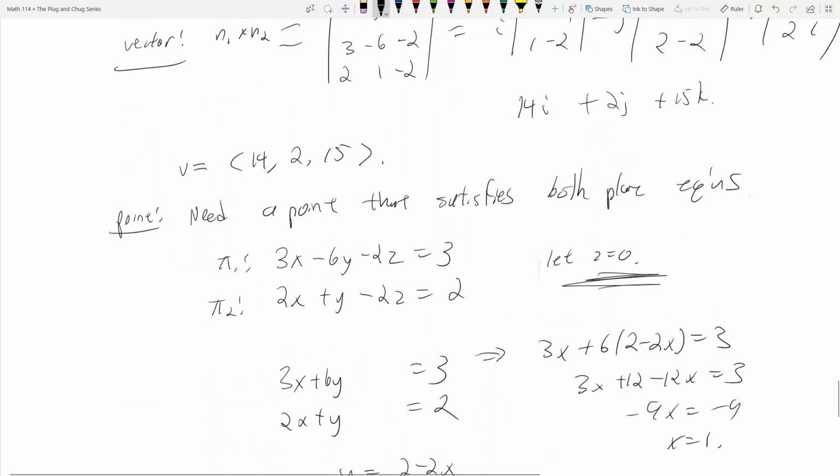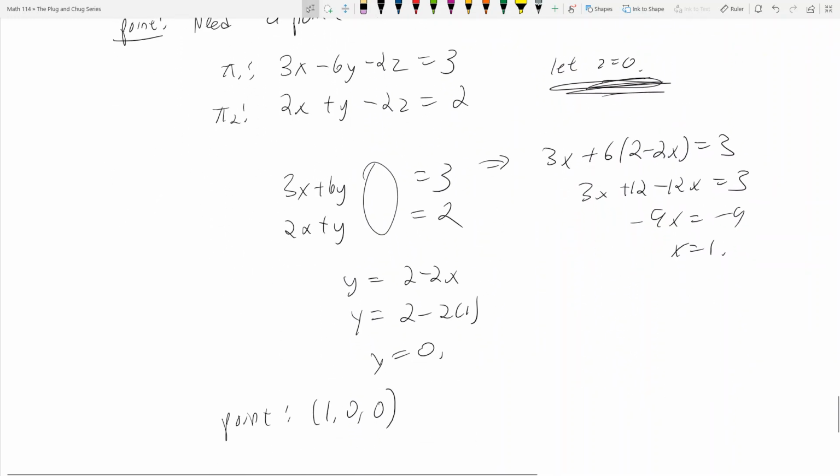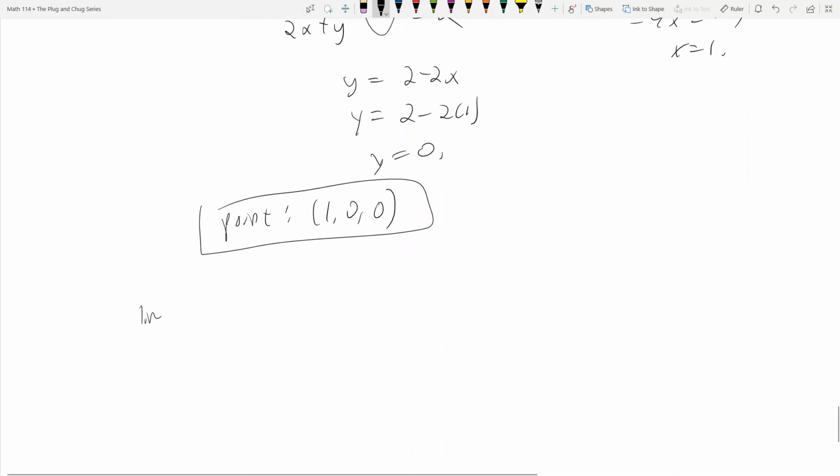And because of that, I'll let z equal 0. It disappears in my system of equations, so now I'm left with two variables and two unknowns. I can solve this system and I get my point, which is 1, 0, 0.